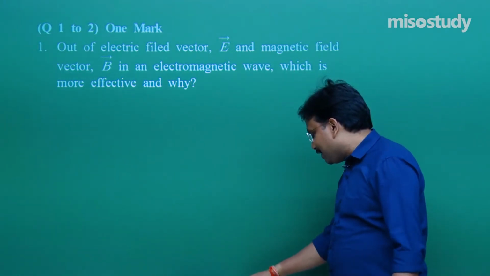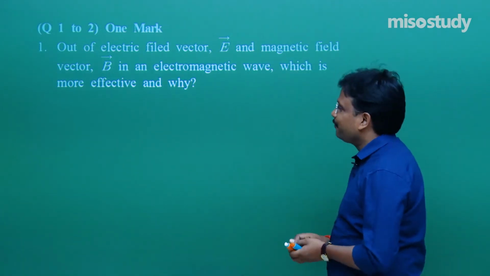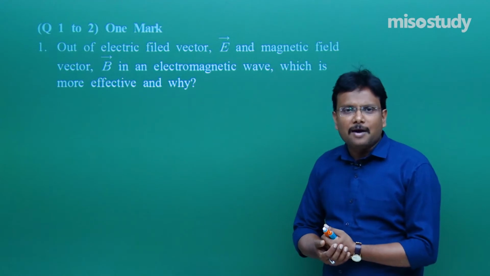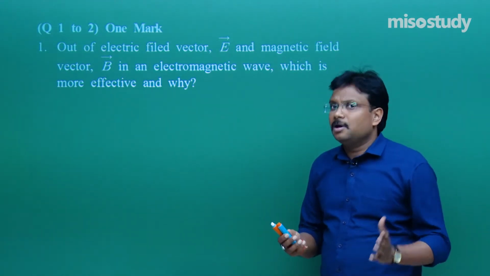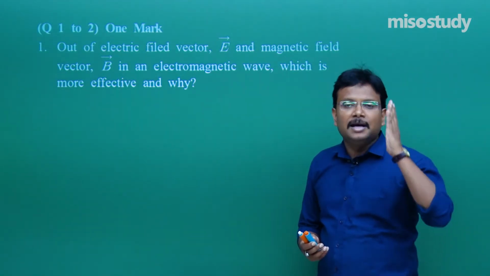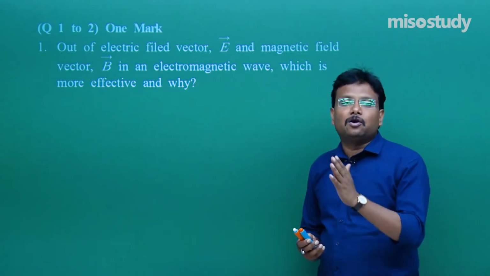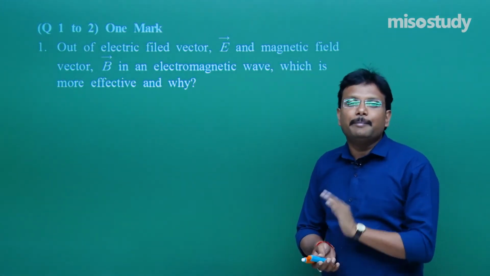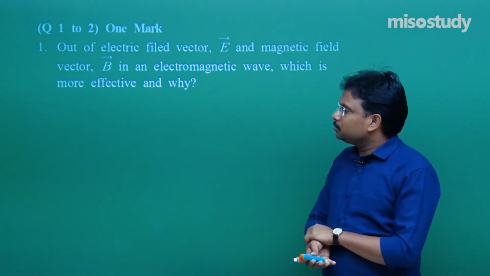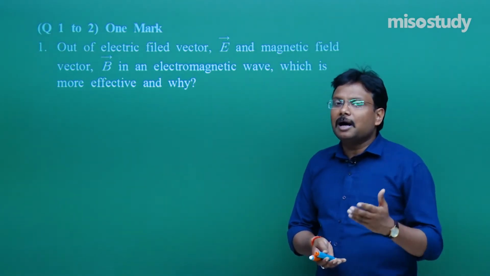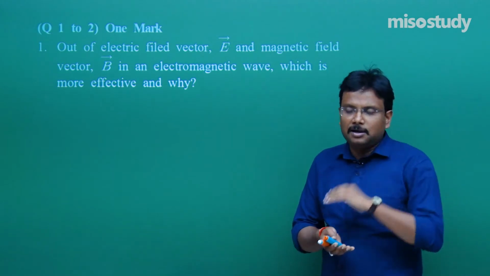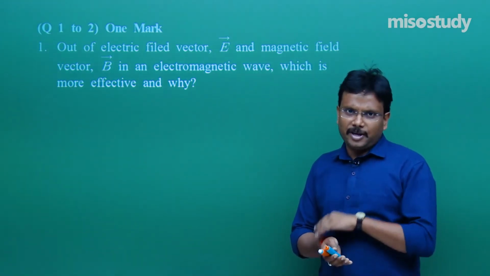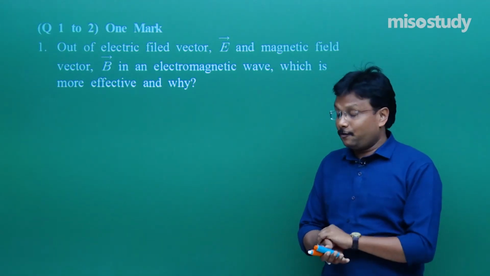Now, the question is really a very interesting question. Electromagnetic wave means you have a wave that is containing not only electric field part but also magnetic field part. So, you have two vectors, electric and magnetic field. Now, the question is very natural, it may come in the mind of anyone, which term is more important, electric field or magnetic field?